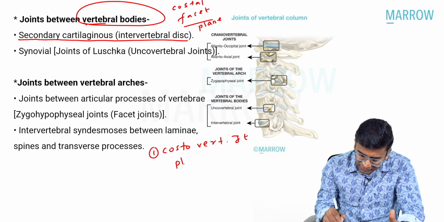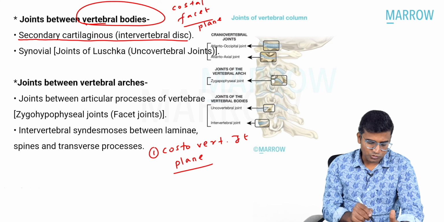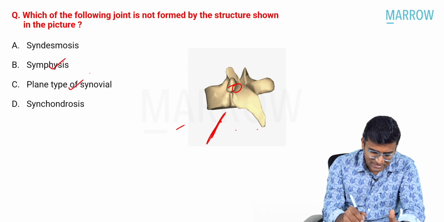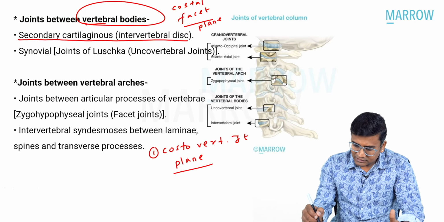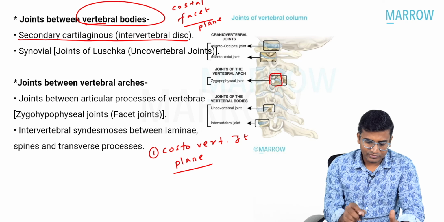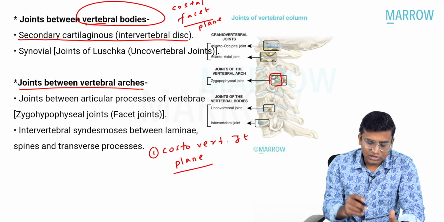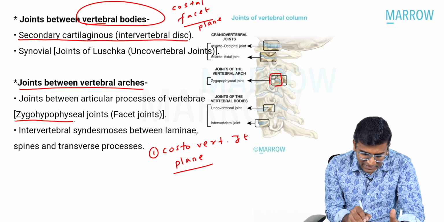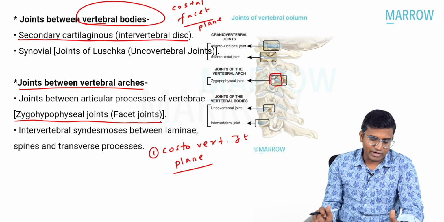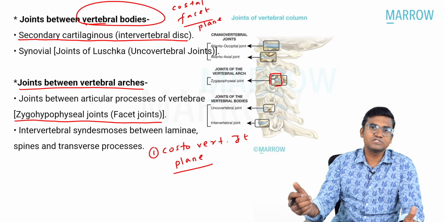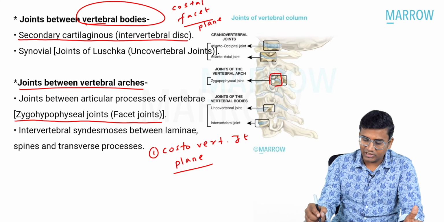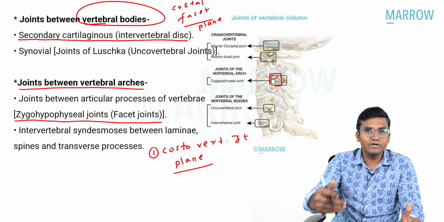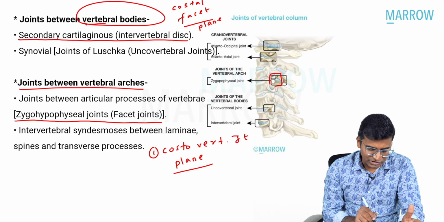So plane type of synovial is also present. And the joint between the vertebral arch, the two articulating facets, is plane type of synovial. The facet joint or zygapophyseal joint is plane type of synovial.